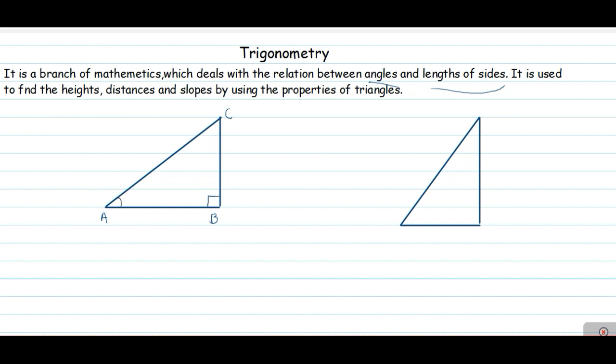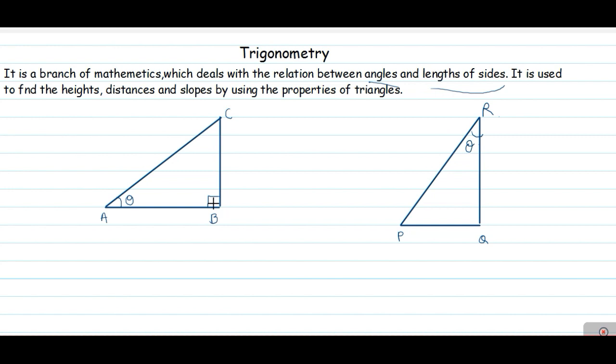Let the angle A that we are considering here be theta, and in this other triangle, let the vertices be P, Q and R, right. In this triangle, suppose we are considering the angle R, let this be theta. So, with respect to this theta, we will see what the hypotenuse, the opposite side and the adjacent side are.